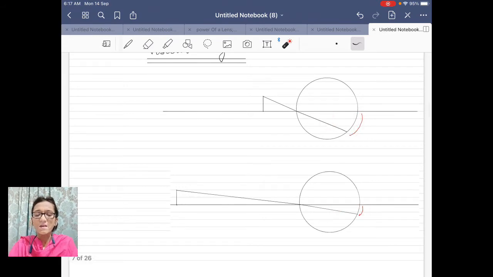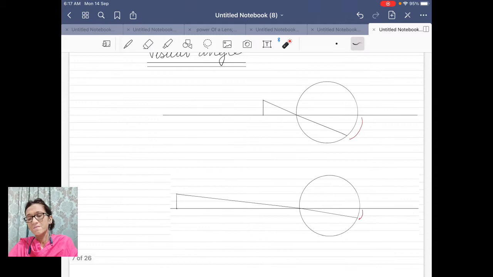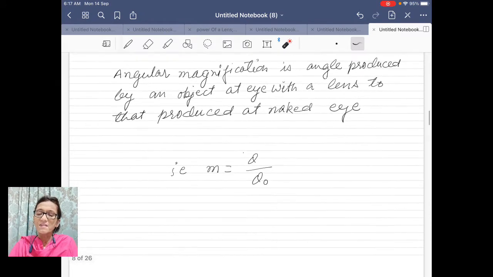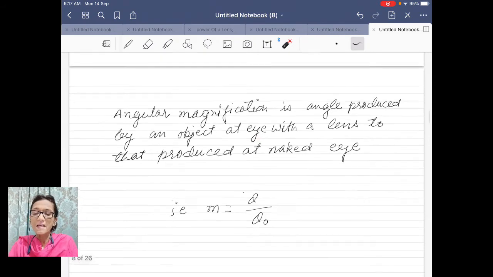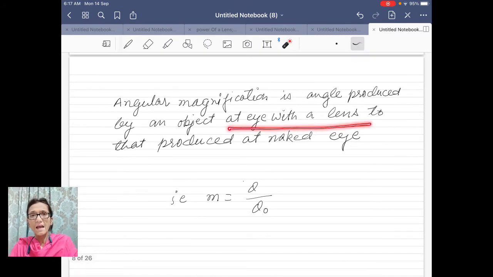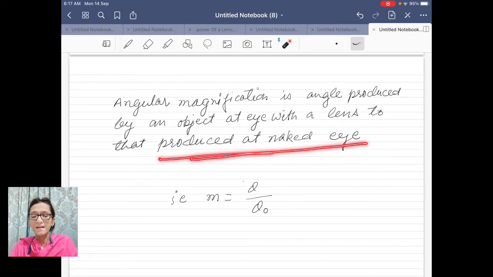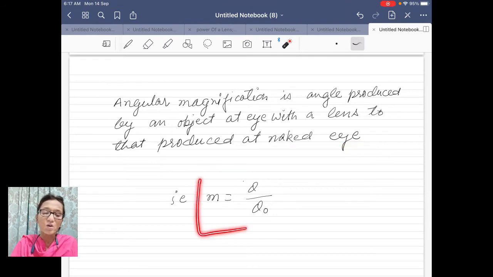So you can see that this visual angle is very important, and for magnification you can compare the visual angle also. So what is angular magnification? Angular magnification is the angle produced by an object at the eye with the lens, which will be a large angle, divided by the angle produced at the naked eye.